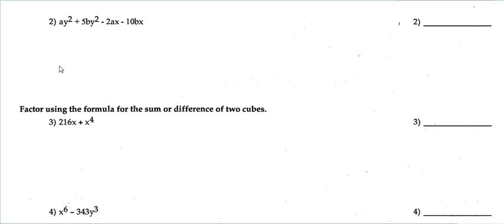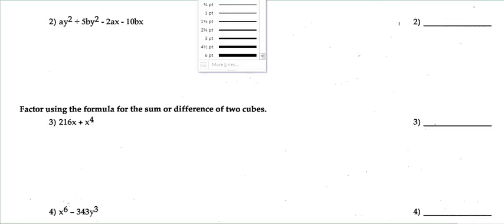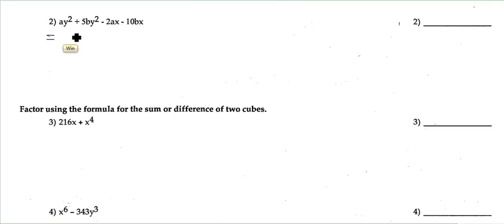We need to factor by grouping. So we take a look at these four terms. Once again, even though they don't say factor by grouping, you have four terms and they are all unlike, so you will probably need to use factoring by grouping. And we will group the first two terms together, and then we will group the last two terms together.